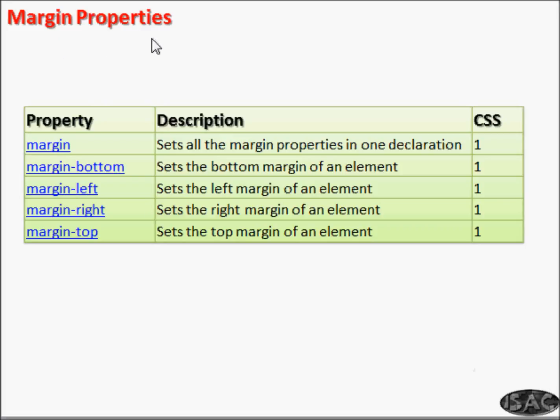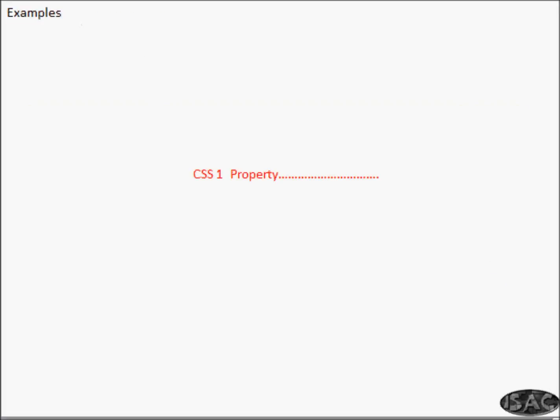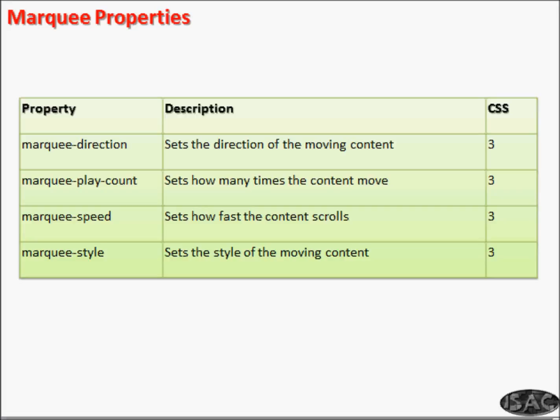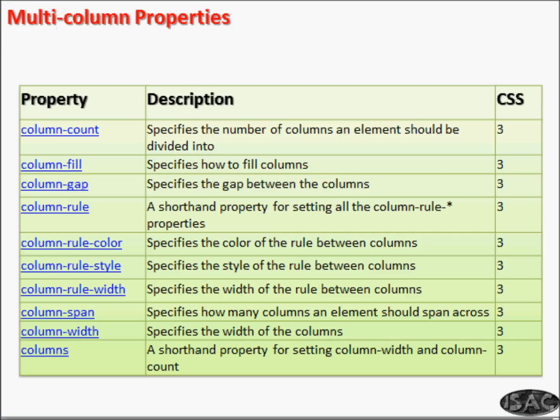Even the margin properties are very old: margin-bottom, margin-left. They are all CSS1 properties only, right? Marquee. There are some new properties introduced in marquee: marquee-direction, marquee-play-count, marquee-speed, and marquee-style. But still, they are not implemented by any browser. Okay.